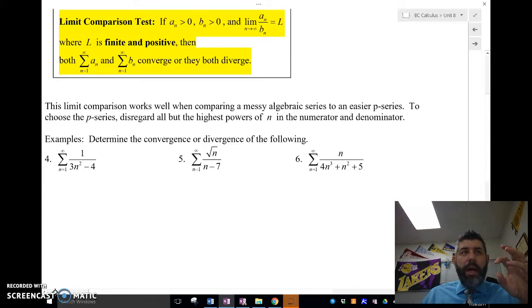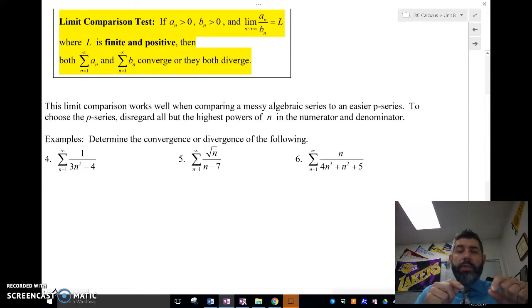So think of a rational series, where we have polynomials on both the numerator and the denominator, or maybe square roots in the numerator and the denominator, or some sort of roots that we can compare to an easier p-series, but we can't do the direct comparison test because you can't just say one's less than the other one, or one's greater than the other one, and it's really easy to see. It's for messier situations, but the work itself is not very messy.